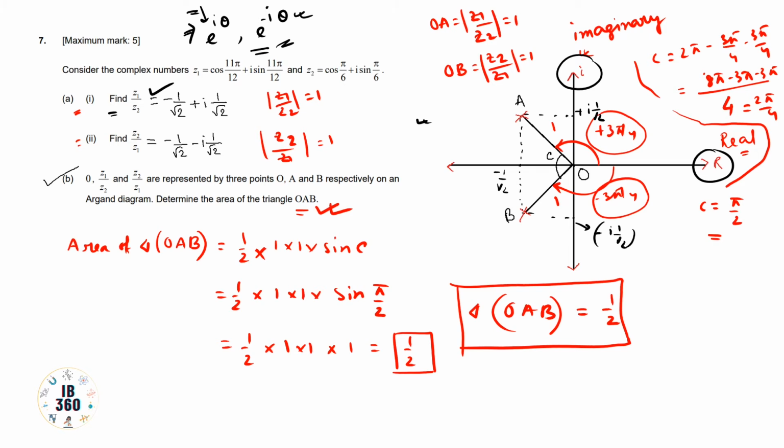So these 2 points have been considered, these 2 cross points, A and B. After taking the values we have constructed it with 3 pi by 4, that is e to the power i 3 pi by 4. After getting e to the power i 3 pi by 4 we have got A, and after getting e to the power minus i 3 pi by 4 we have got B.